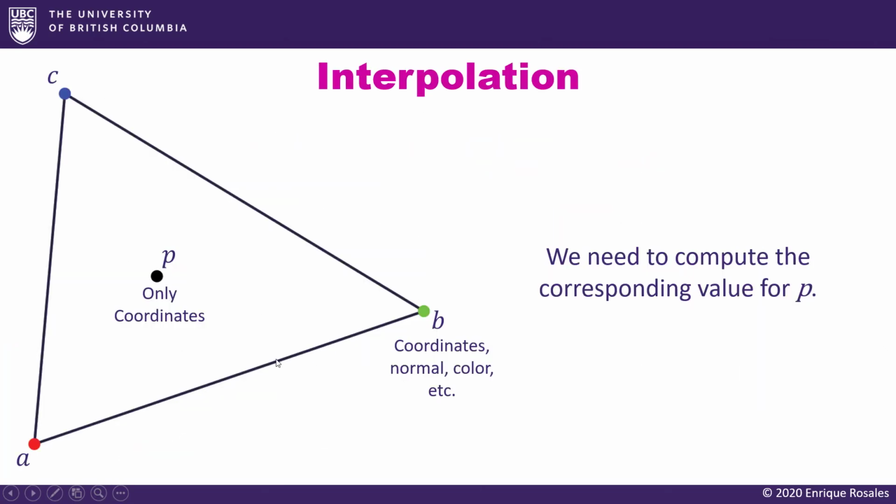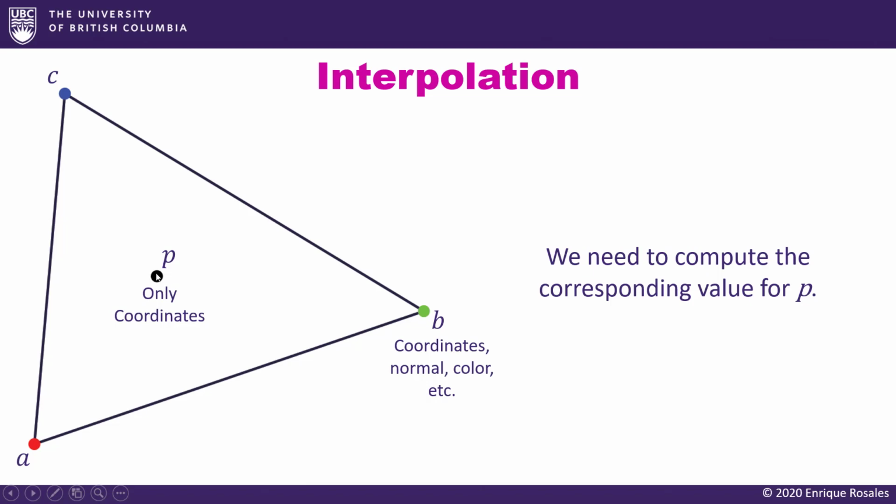So imagine that we have something like this, right? We have a triangle and we have vertices A, B, C, right? So in each of these vertices, we have the coordinates, of course, but we also have other information, right? So we have normal, color, any other stuff. We have the point P, which represents the fragment, right?